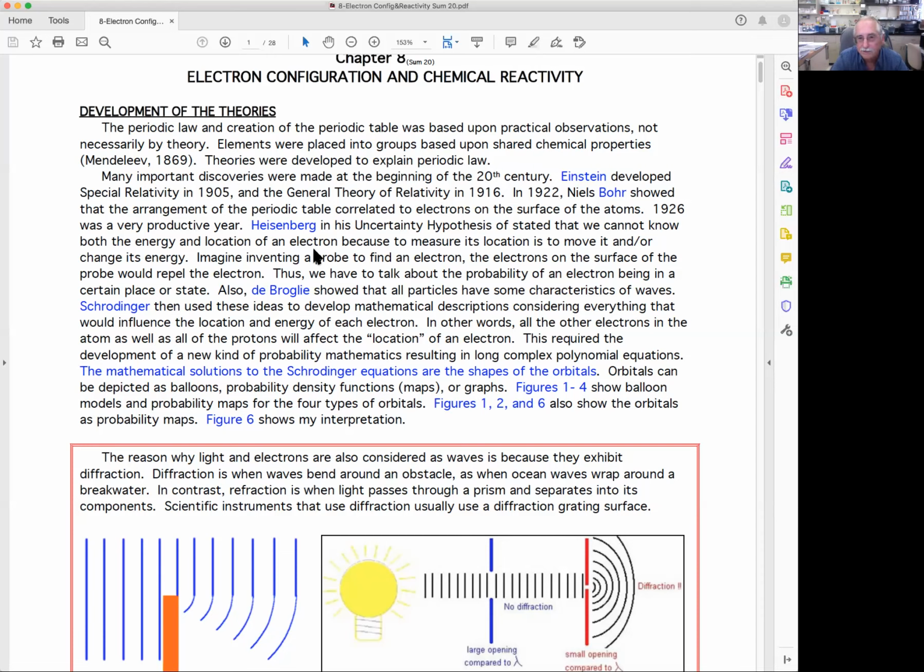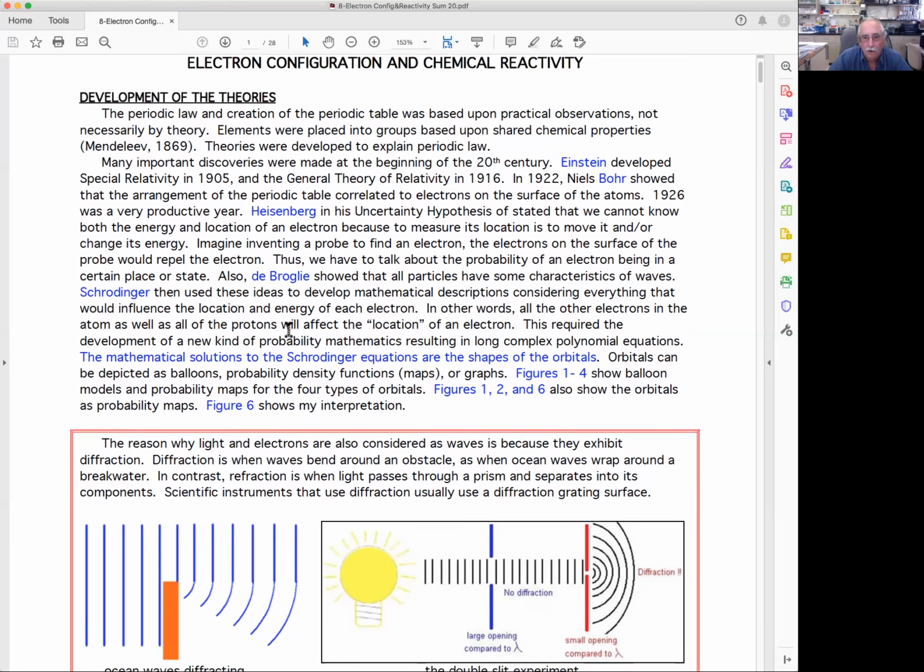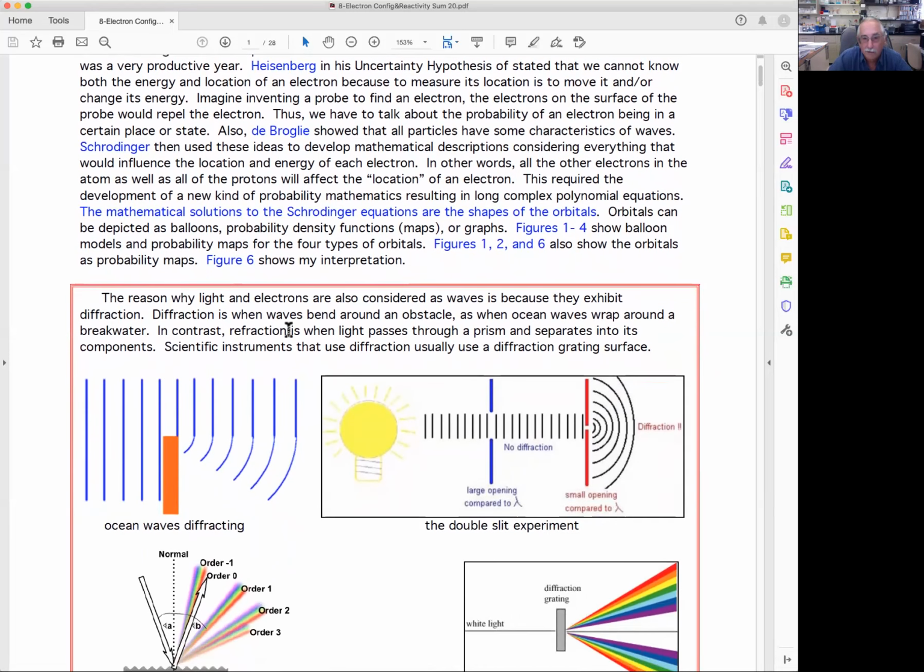So basically it was important because it said, well, forget about trying to find where the electron is. We'll talk about what is the probability of the electron being here versus the probability of the electron being somewhere else. So at that same time, de Broglie had showed that all particles can behave like waves, including electrons. Then Schrödinger came along and said, you know what?